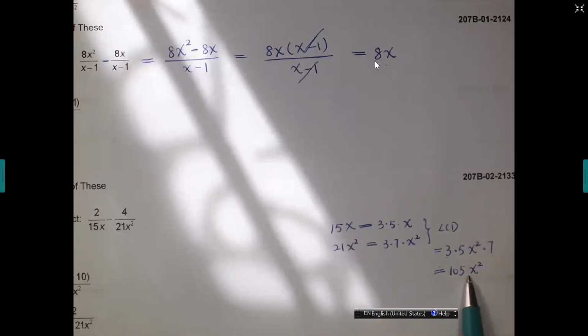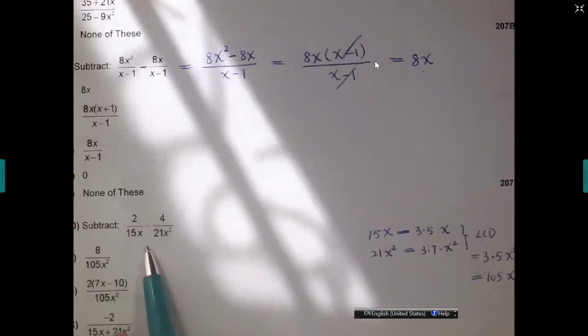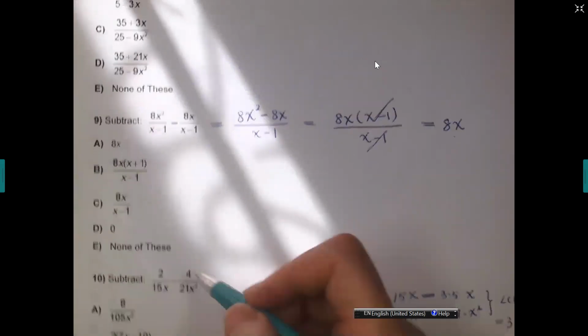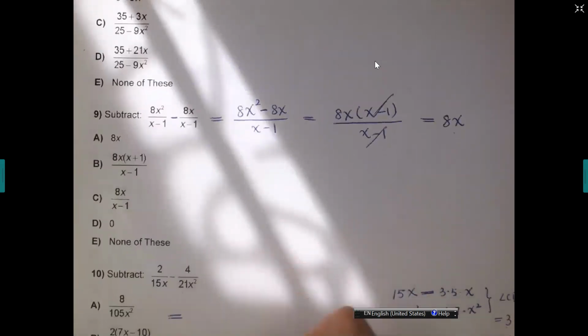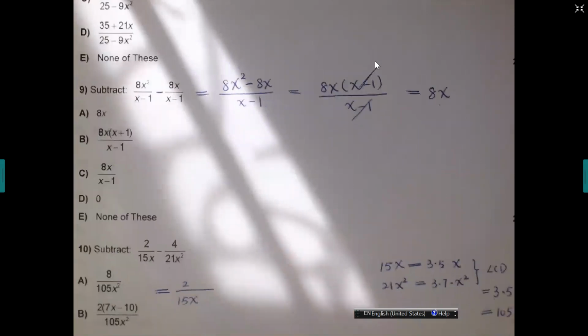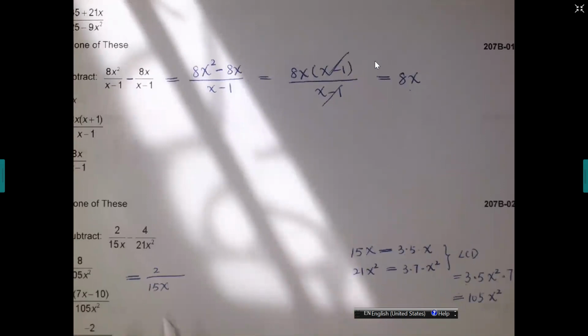Having this in mind here, we go back to the original problem. So this one here equals what? I have 2 over 15x. Now we have to compare. How can I turn 15x into 105x squared? We have to multiply by something. What should we multiply? Just do the division.